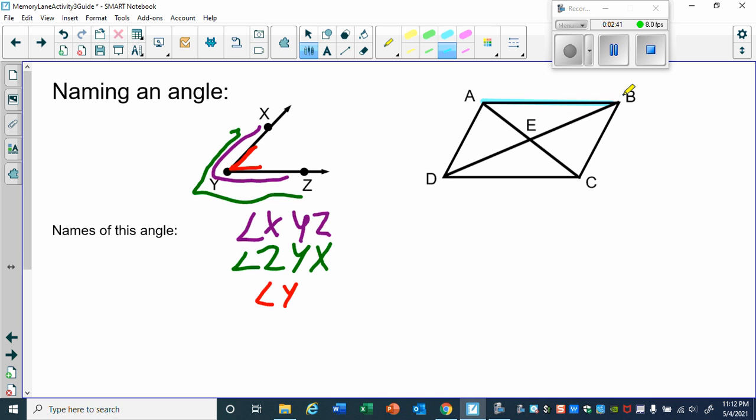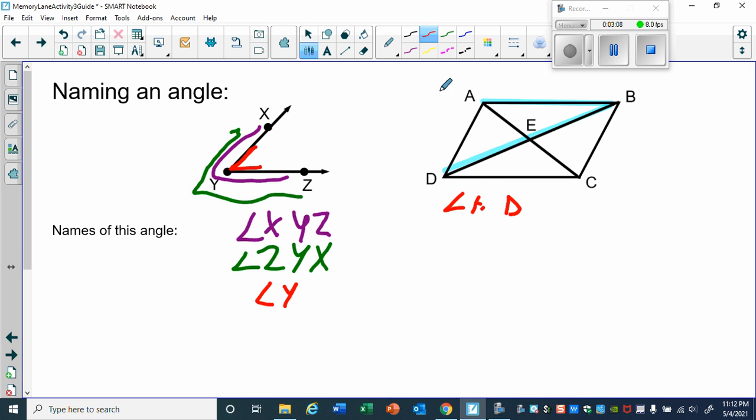We start from A, go to B, and then we go from B all the way down to D. So this angle highlighted in blue will be nicknamed angle ABD. So I'm going to highlight that angle in blue.